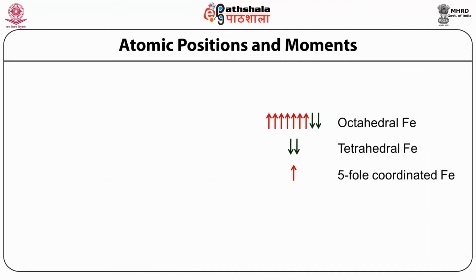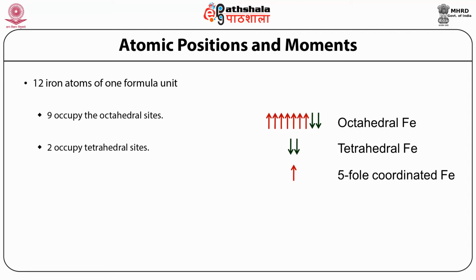So in hexagonal ferrites, out of 12 iron atoms of one formula unit, 9 occupy the octahedral sites, 2 occupy tetrahedral sites, and the remaining one is 5-fold coordinated. Out of these, 7 atoms on octahedral sites and one with 5-fold coordination have their spins in one direction, while the spins of the rest of the atoms are oriented oppositely, that is, say, 8 atoms with spin up and 4 atoms with spin down.